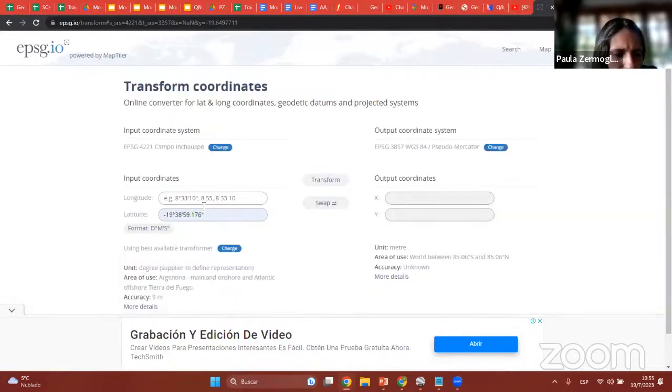Oh, so I did something wrong with the coordinates. What did I do wrong? I think it's not taking my format somehow. Degrees, minutes, and seconds should be fine.